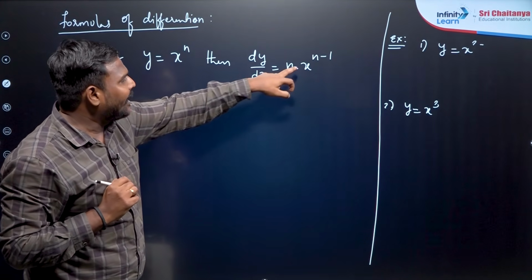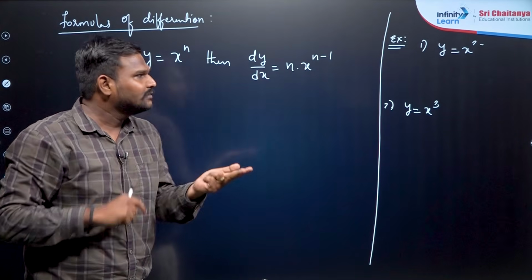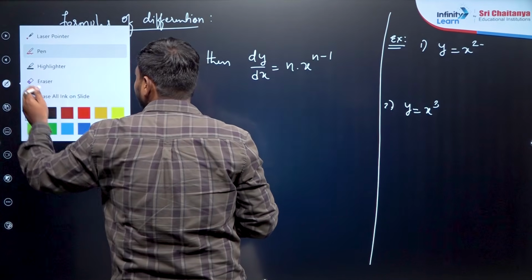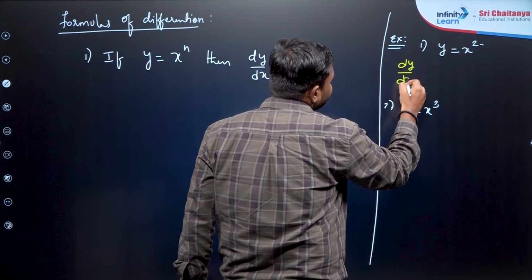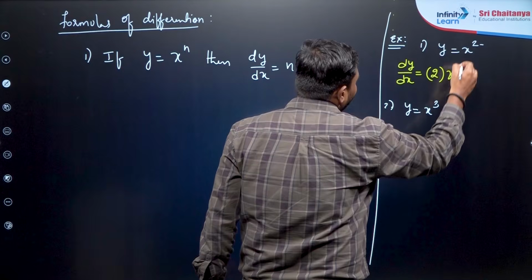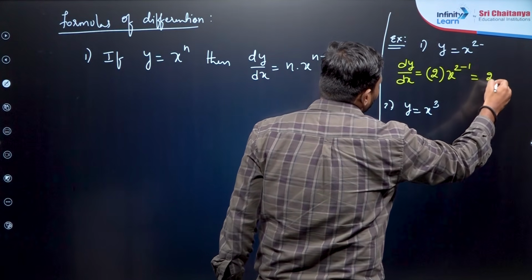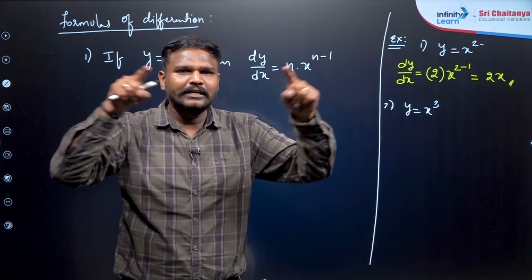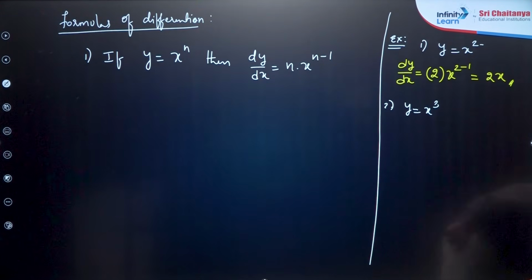Multiply the power and subtract 1 from the power. We are doing two things: multiplying the power and subtracting 1 from the power. So what is the derivative for this function, sir? dy by dx is equal to, multiply the power, that is 2 into x power 2 minus 1, n into x power n minus 1, which will be 2x. So if x square is your function, then 2x will be the smallest element in the function. I hope it is clear.